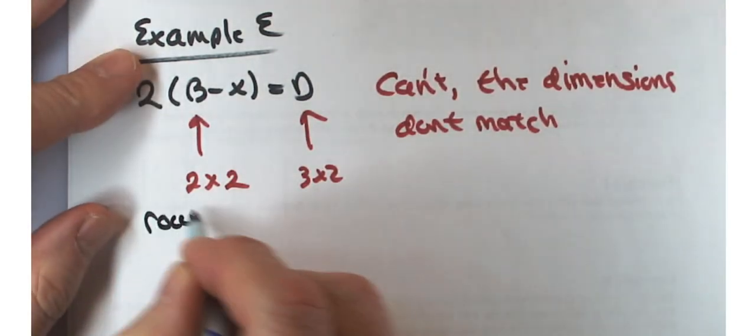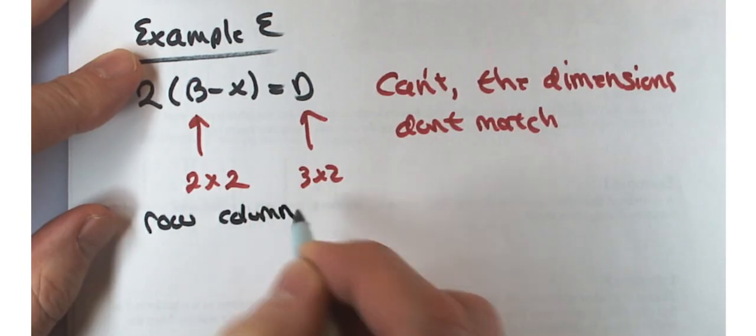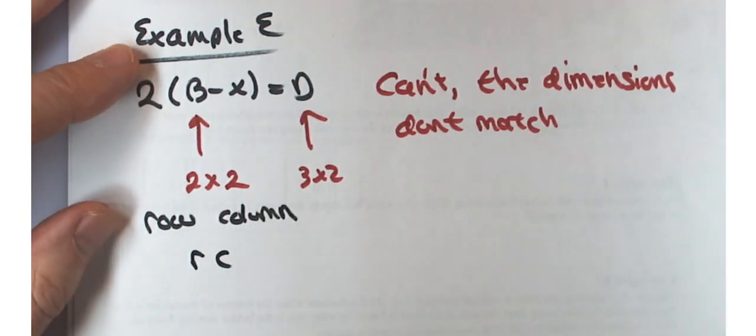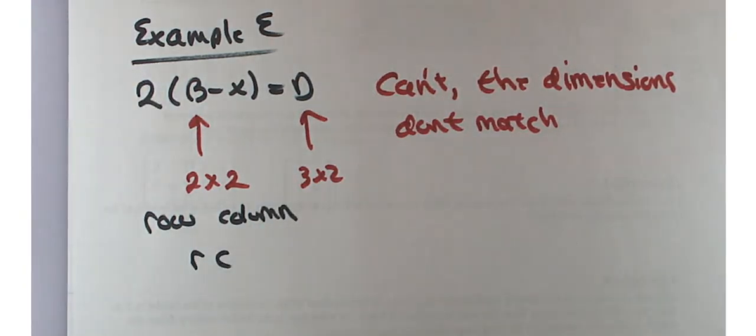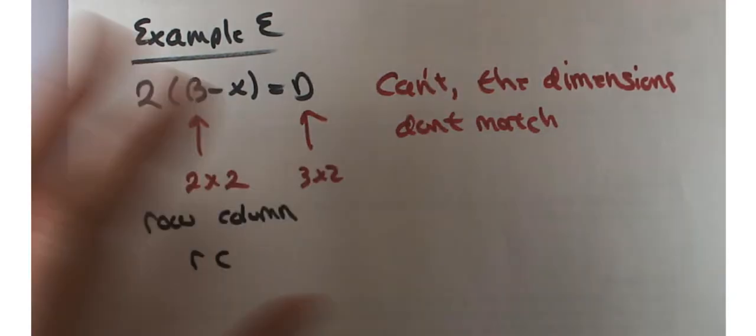Row by column. Always RC. And it makes a difference because if you're trying to multiply matrices, their dimensions have to line up in a very particular way. So we'll talk about that particular way as we move down our list here in section 10.4.